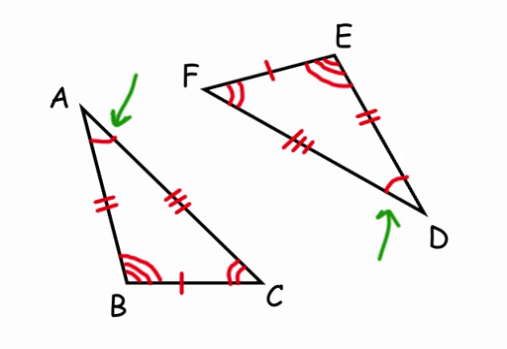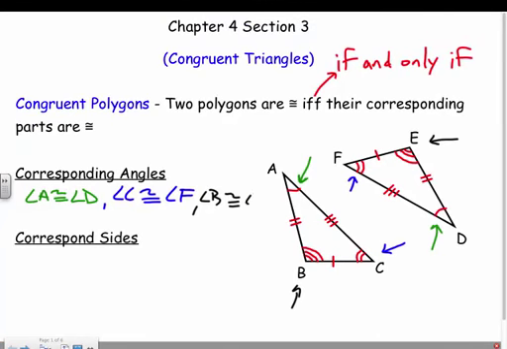Same thing with C and F. C has two little dashes, F has two little dashes. So they would be the same, or they correspond. So angle C is congruent to angle F. And lastly, B with E. So angle B is congruent to angle E.